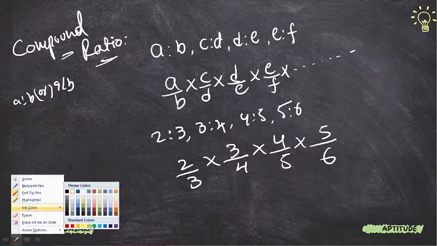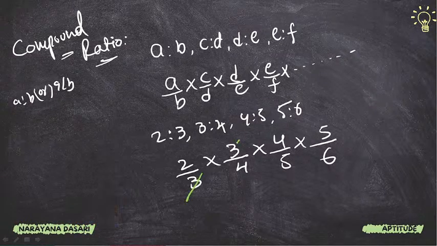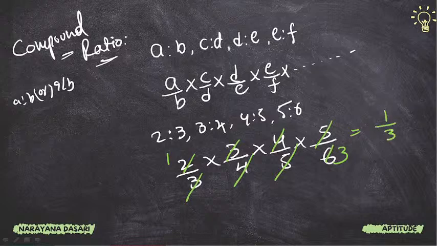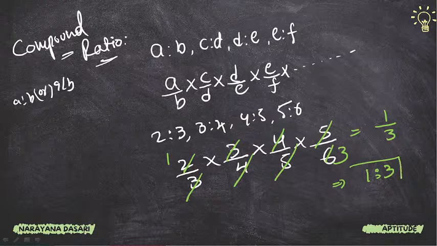Let me calculate, guys. 3 and 3 cancel, 4 and 4 cancel, 5 and 5 cancel. 2 ones are 2 and 2 threes are 6. So numerator is how much? 1. Denominator is how much? 3. Then the answer is 1 is to 3, guys. So this is a compound ratio.